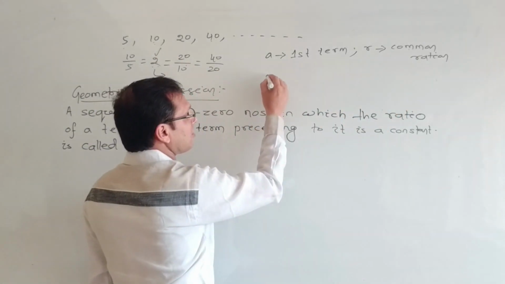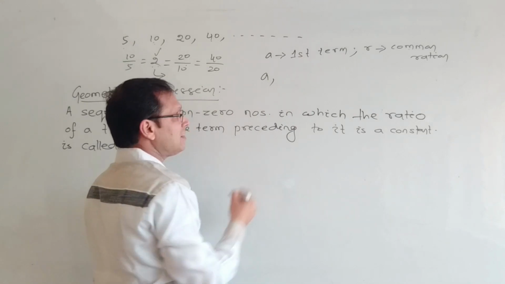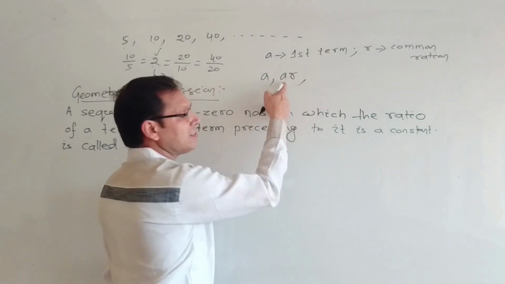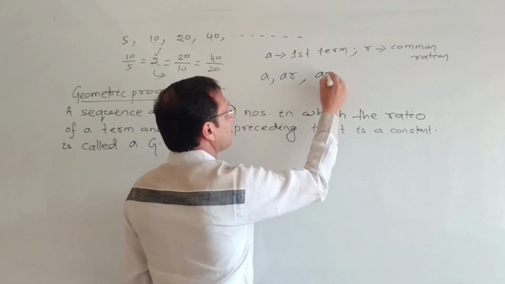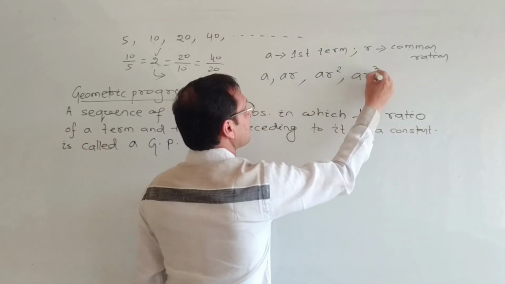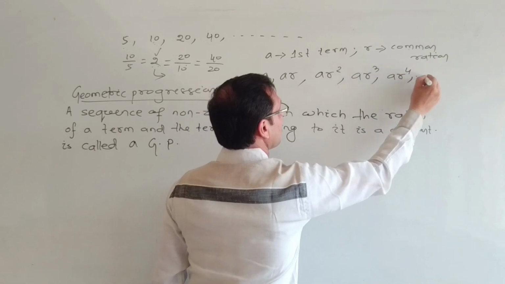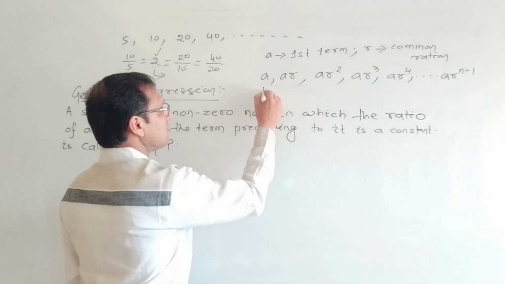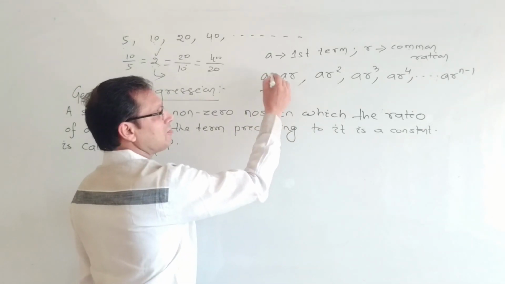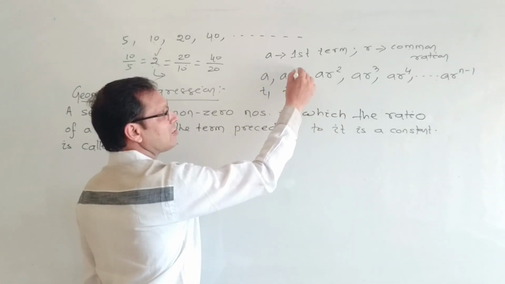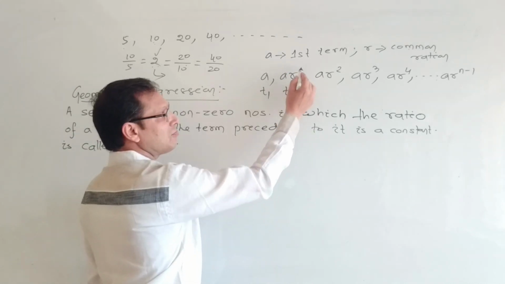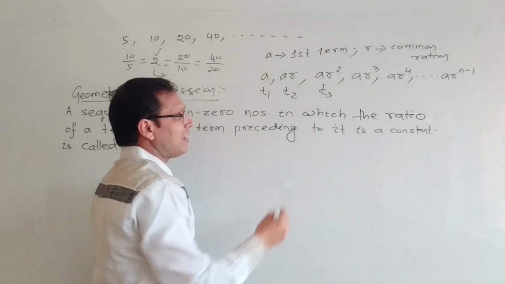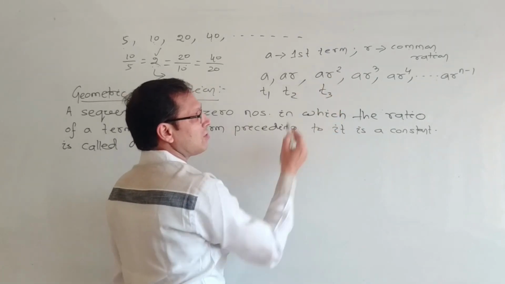Then the geometric progression can be written as: first term is A, then you multiply R with the first term and you get the second term AR, then AR square, then AR cube, then AR to the power 4, and likewise AR to the power n minus 1. You see, T1 is AR to the power 0, T2 is AR to the power 2 minus 1, that is AR to the power 1. T3 is AR square, AR to the power 3 minus 1.